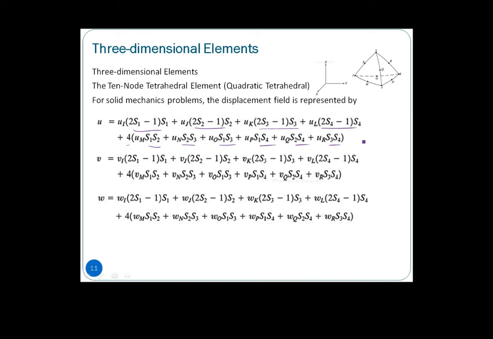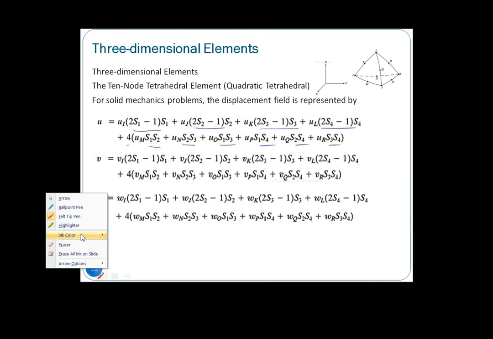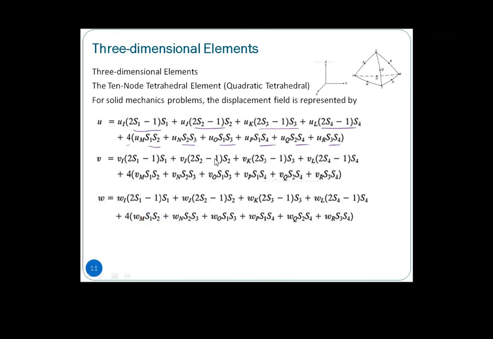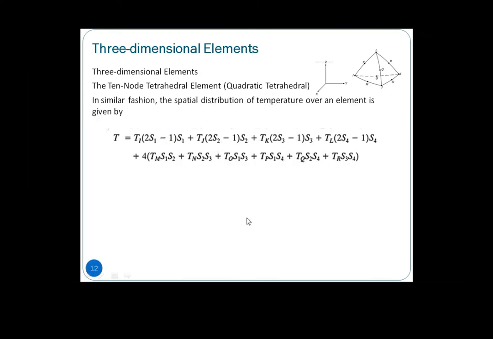For V and W it is also the same, so different displacement fields give the same shape functions. This S1, S2, S3, and S4 use the shape functions that you use in a linear tetrahedral. The temperature change in thermal analysis also makes use of the same shape functions for these 10 nodes.